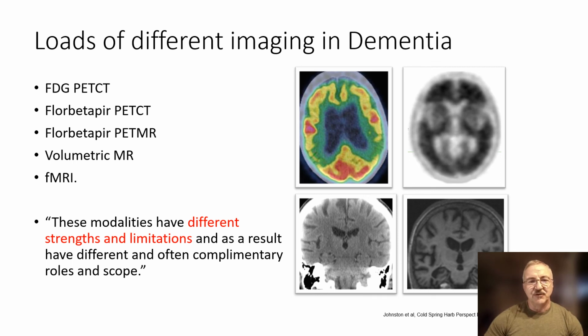And as this review said, these modalities have different strengths and limitations, and they are often complementary. Certainly my direction of travel is FDG PET plus MR, so not a PET-MR machine, I don't have enough money for that, but PET plus MR as a routine delivery, and I wish I was able to deliver amyloid PET more frequently.